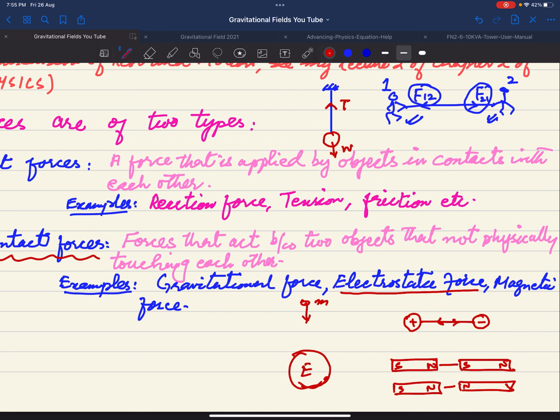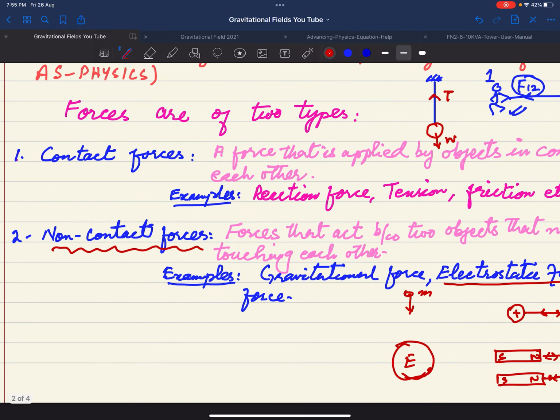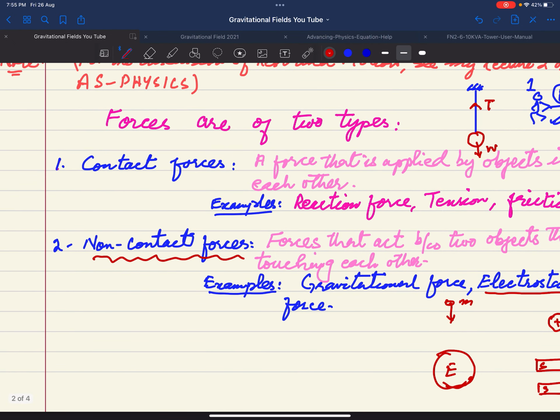Whether it's attraction or repulsion, the main point is that they are applying forces on each other, but they are not physically touching. So all these examples are examples of non-contact forces.